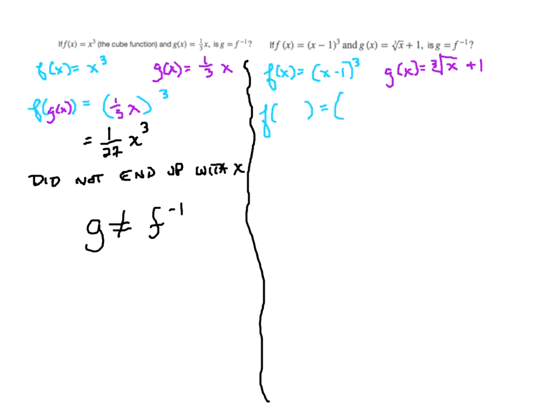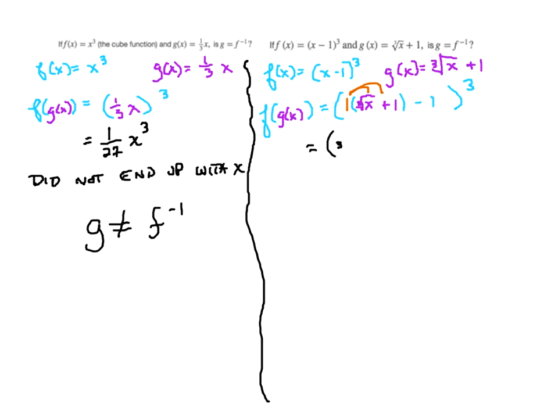So that is something minus 1 cubed, and that something is g of x, and g of x is the cube root of x plus 1. Sorry, that cube root looks terrible. There's an understood 1 here that gets distributed to get rid of the parentheses.